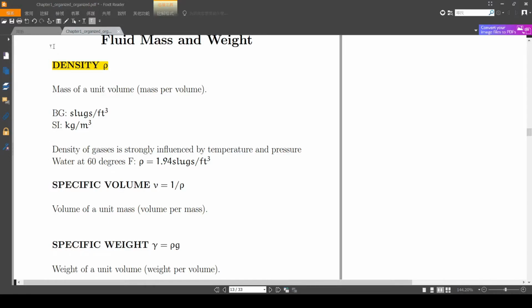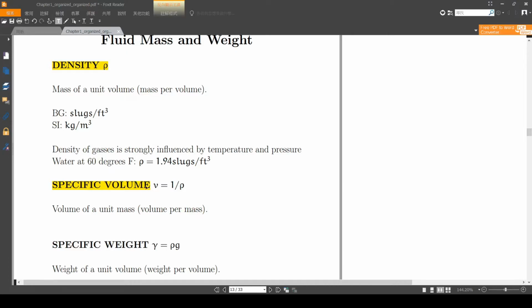The second part is the specific volume. Specific volume is equal to 1 divided by the density, which is the volume of the unit mass. This is the definition of specific volume. This is just equal to volume per mass.